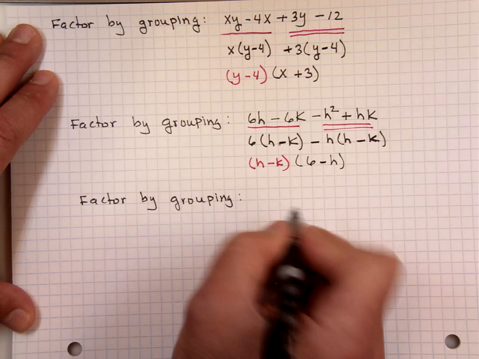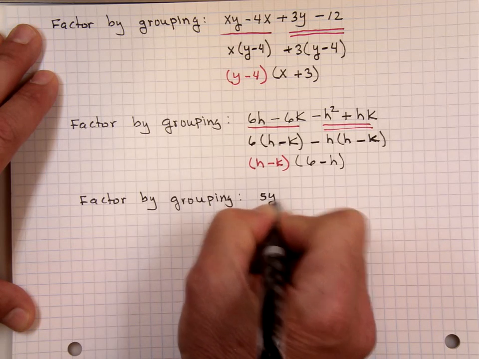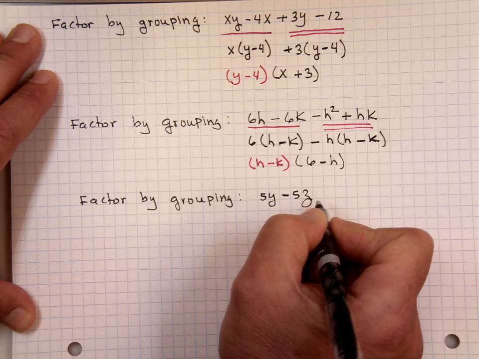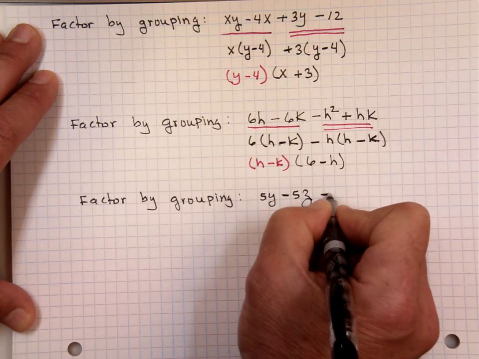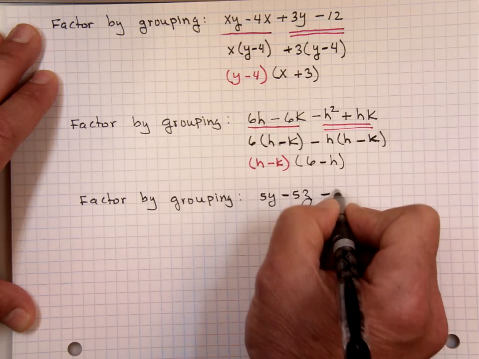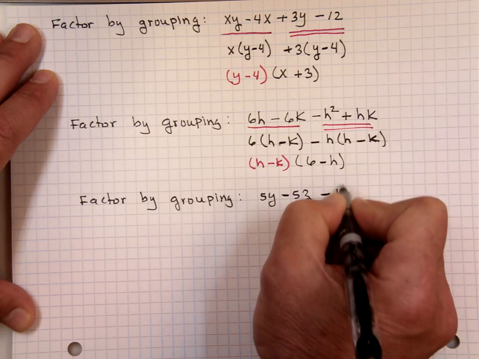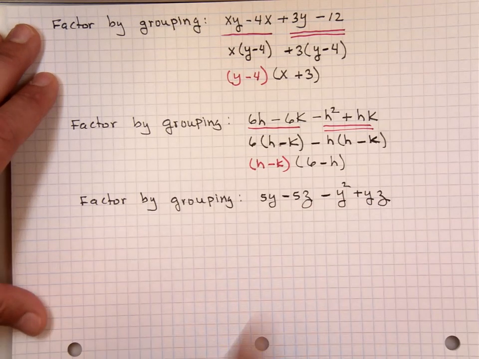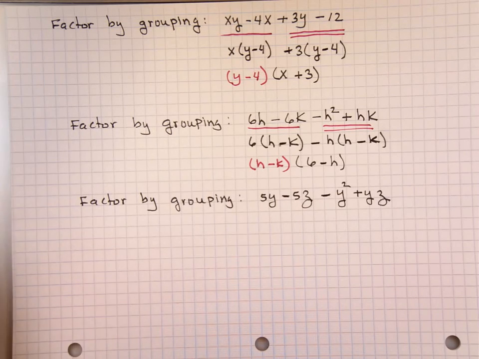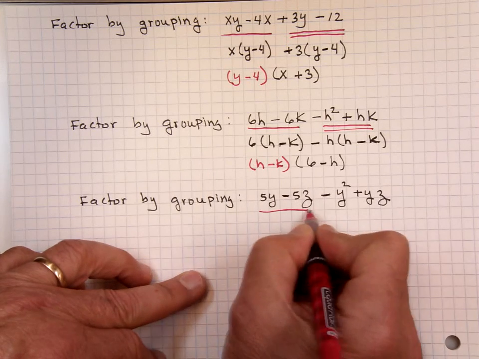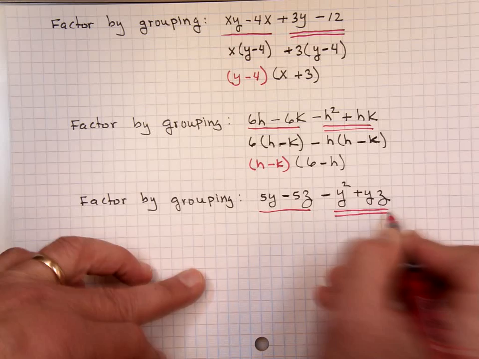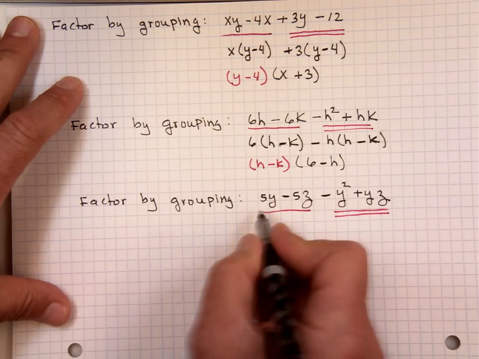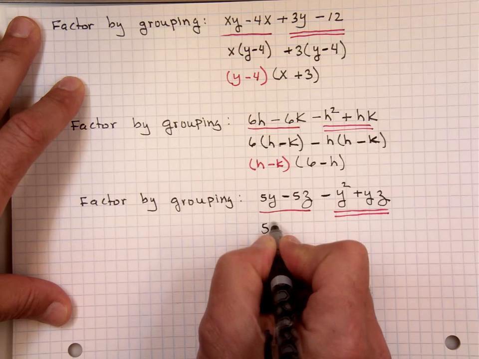5y minus 5z minus y squared plus yz. Again, the first group and the second group, look at them separately. The first group, factor a 5 out. What's left? Y minus z.